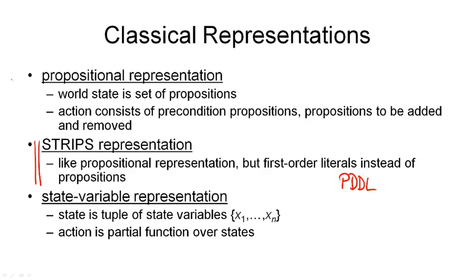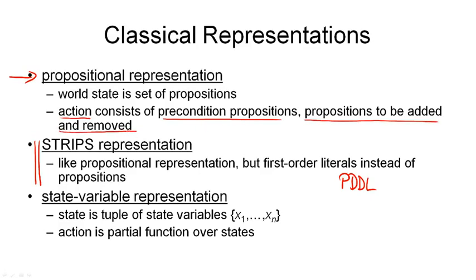Now, in the propositional representation, a world state is simply a set of proposition symbols. And as opposed to first-order literals, symbols don't have an internal structure. And then the actions in the propositional representation consist of precondition propositions, propositions to be added and to be removed.